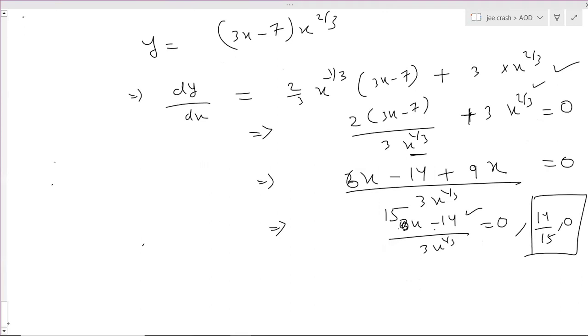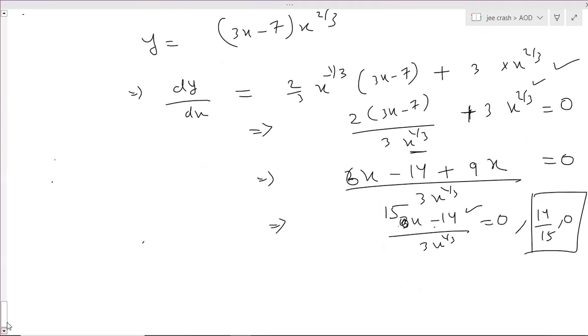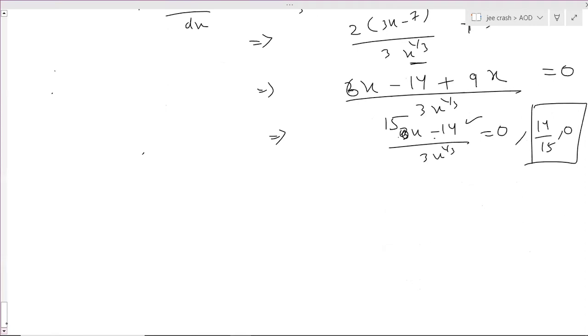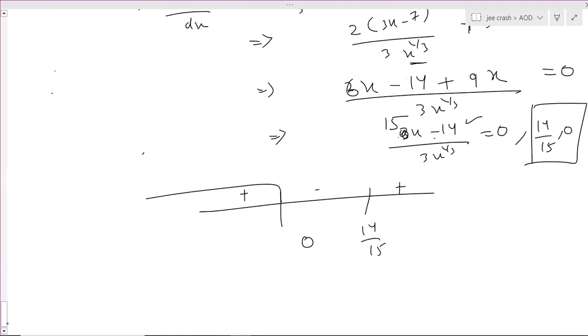Is everyone clear about this? Yes, sir. So now on the number line, this is 0, this is 14 upon 15, plus, minus, plus. In this part, it will be increasing. In this part, it will be increasing. So minus infinite to 0, union, 14 upon 15 to infinite. Where should I put open brackets?